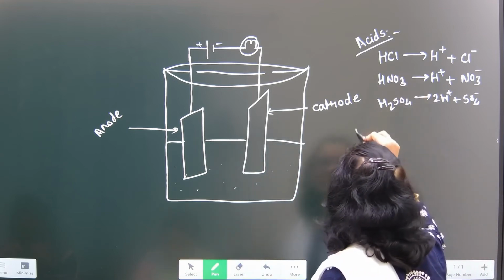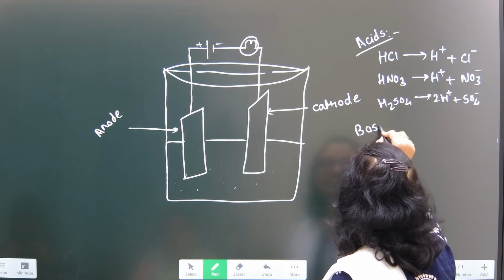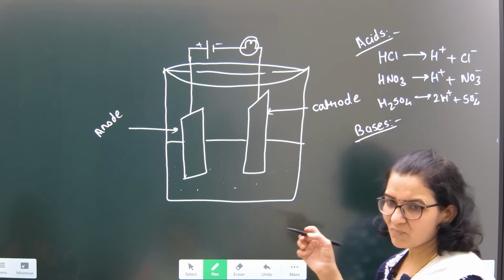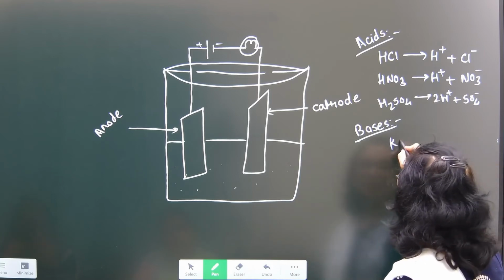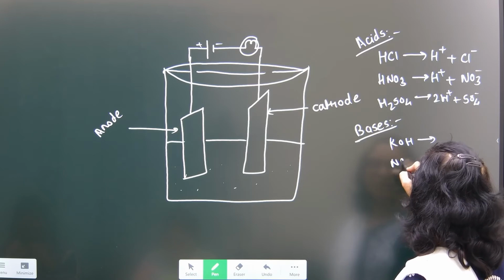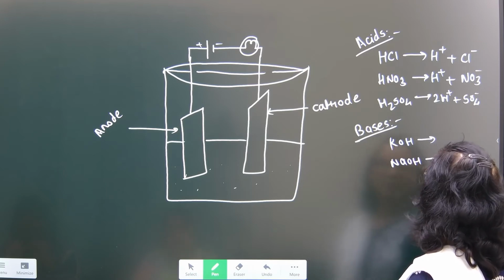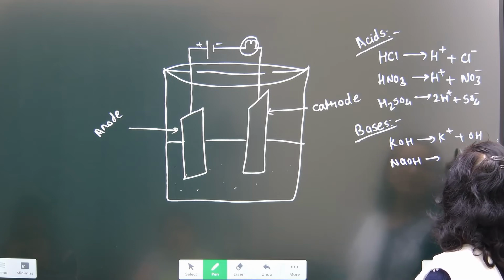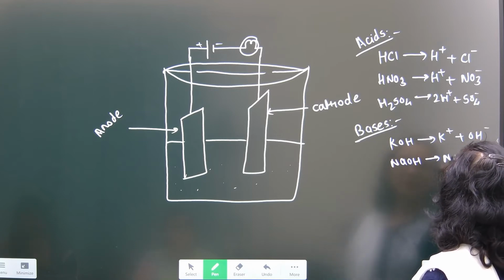Then bases are electrolytes, that means they conduct electricity. Bases like KOH, NaOH: when KOH breaks down it forms K plus and OH minus ions, and NaOH forms Na plus and OH minus ions.